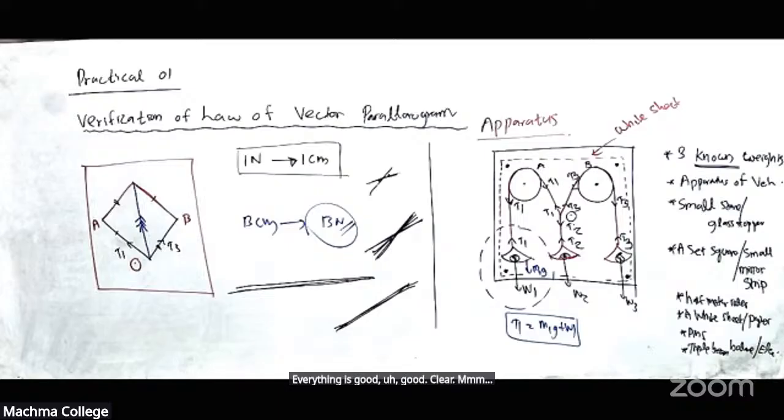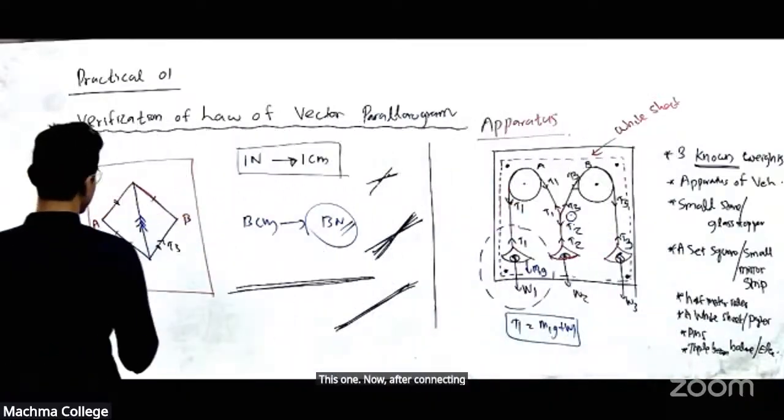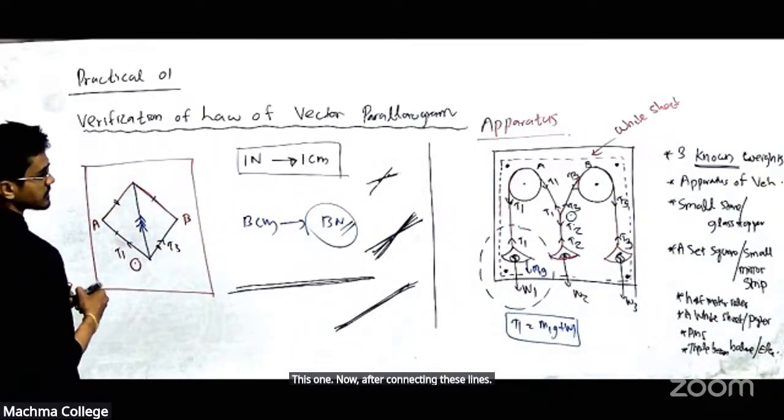So will this class be uploaded on YouTube? Yeah, that's live streaming. So can you again show how you draw that parallelogram inside the red box? Inside the red box, this one. Now, after connecting these lines, listen again.